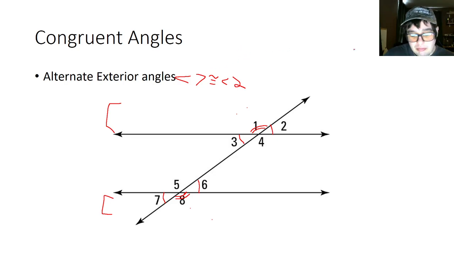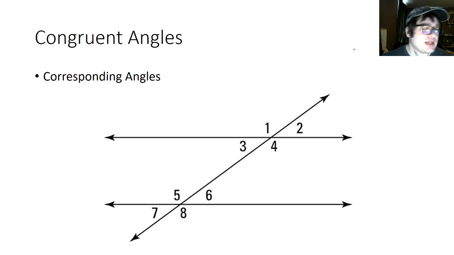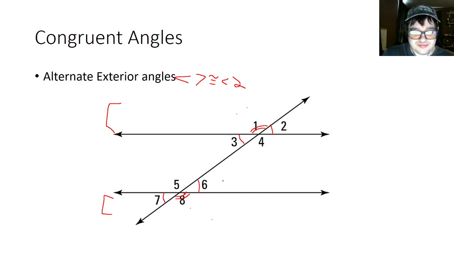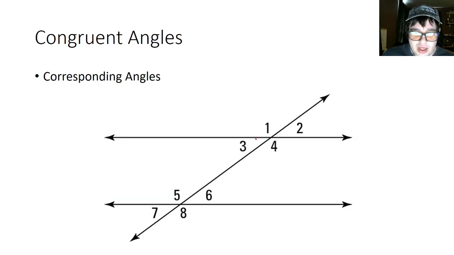Which is not that. We have corresponding angles. Now, I want you to remember what we just did. All right, if we went back here, we know that from all that 3 and 2 is congruent and 1 and 4 are congruent.